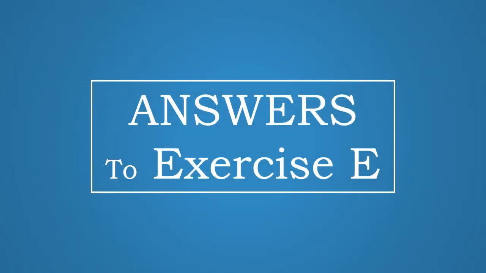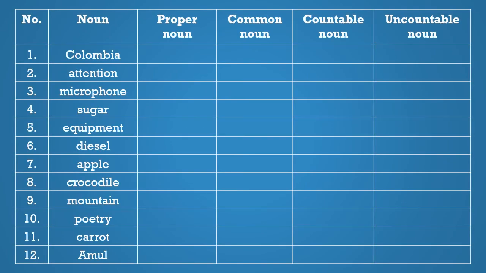Answers of exercise E. In this question, you were given a column in which 12 nouns were mentioned, and you have to read the noun and tick the right column. First noun is Colombia. It is a proper noun. Second is attention. It comes under uncountable noun. Third is microphone. It's a common noun. Number 4, sugar.